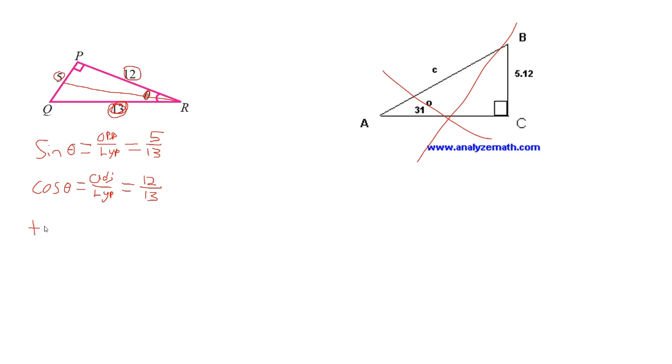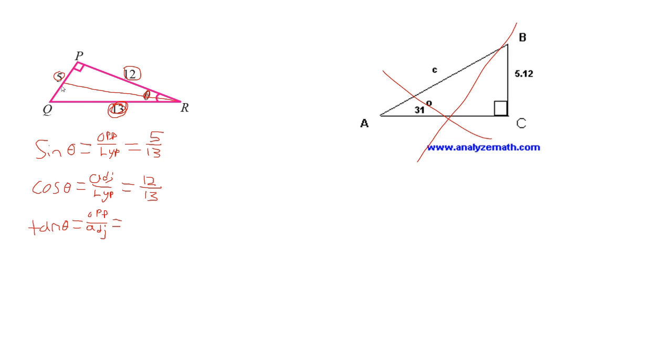Alright, now we've got tangent of theta. So tangent of theta is equal to opposite over adjacent. Once again, if you ever forget any of these ratios, especially tangent, which I find is harder to memorize than the others for some reason, you can always just remember SOHCAHTOA, which is sine is opposite over hypotenuse, cosine is adjacent over hypotenuse, and tangent is opposite over adjacent.